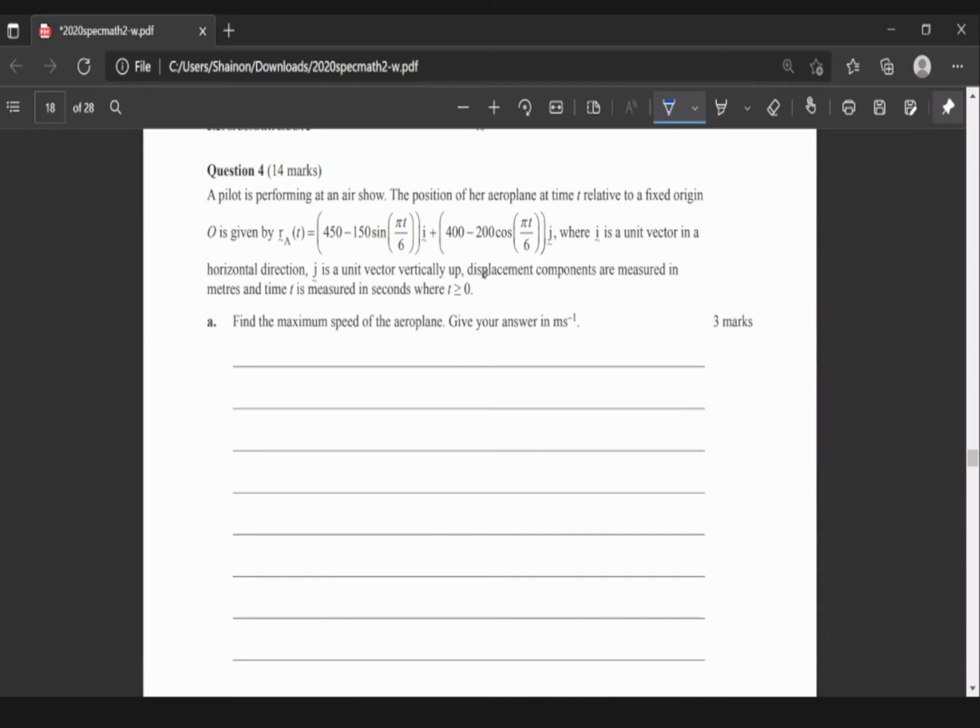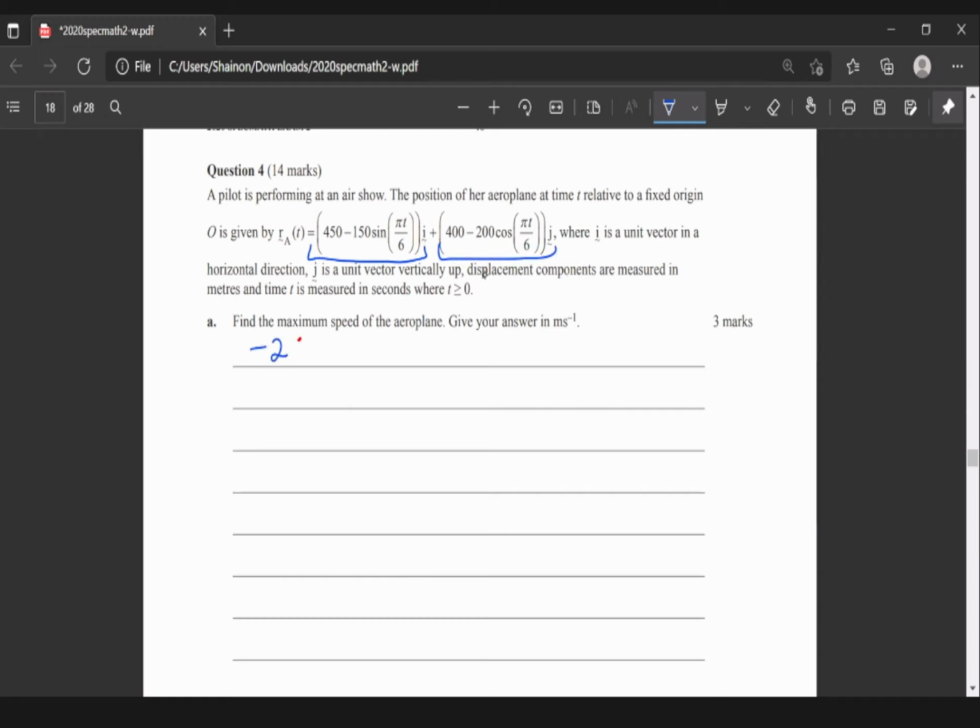Question 4. Find the maximum speed. So we'll find the velocity equation. So we just differentiate this.